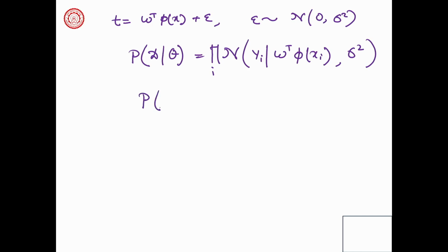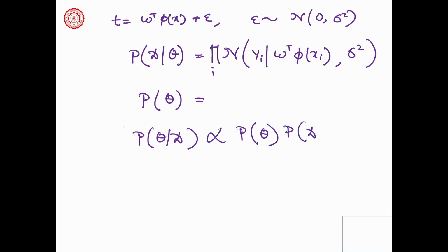You assume some prior. I am not writing what you assume, but you can assume, let us say, a conjugate prior, or some sparsity promoting prior, and then you compute the posterior. All the tools we have discussed till now, approximate inference, sampling, everything is for this step.